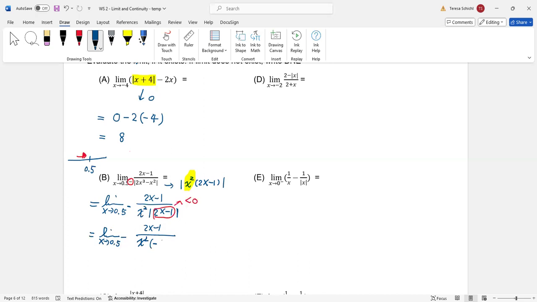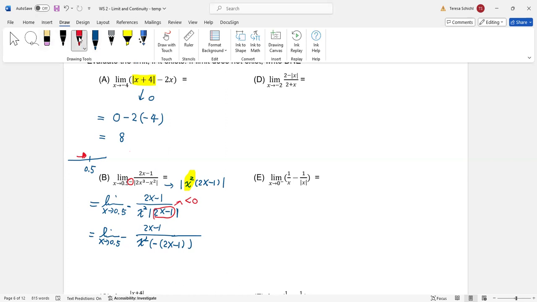So negative, with 2x minus 1. Remember from the lecture notes, if the inside of the absolute value is negative, we break it by putting a negative sign in front.